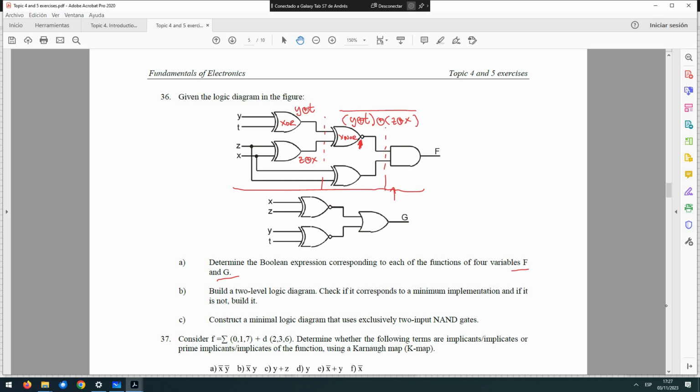Here we have the XOR of C and X. So finally here we have an AND gate, a logic product. So F is going to be the first input of the NAND multiplied by the other input.